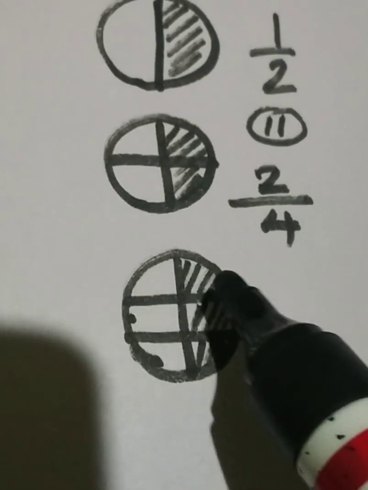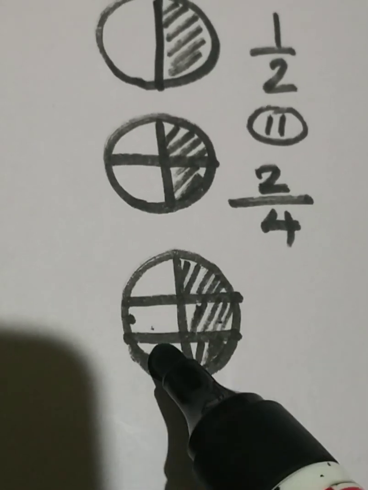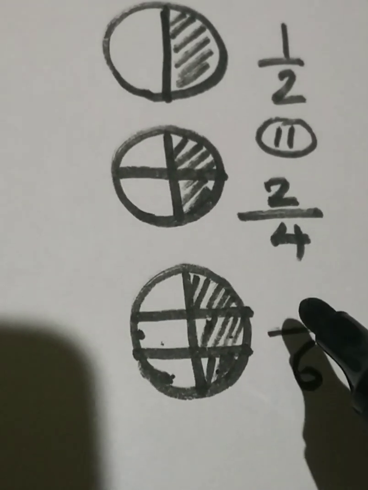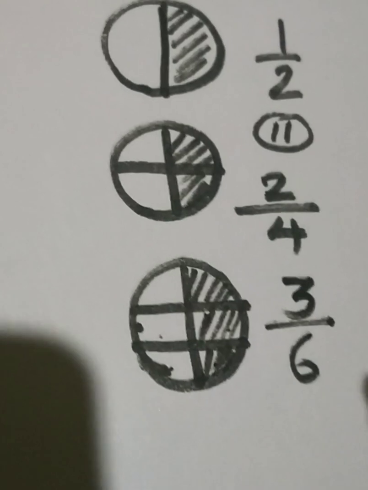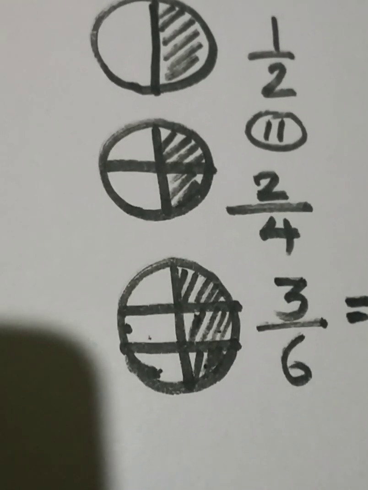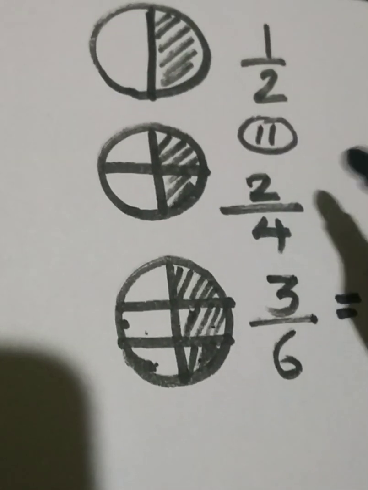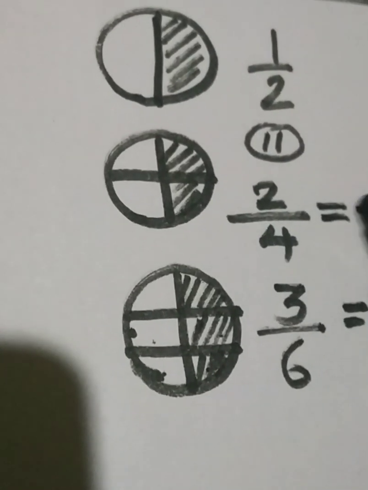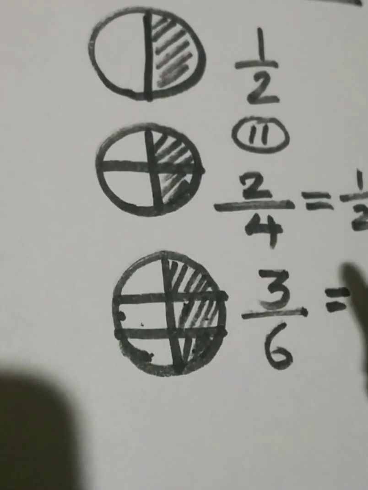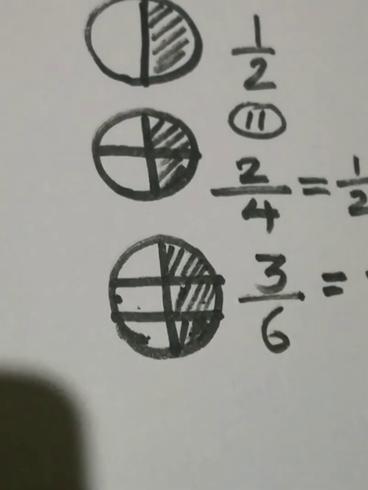Here there are total 1, 2, 3, 4, 5, 6 pieces, and from this I got 3 pieces. So we can say this is equal to half of this cake. So 2 upon 4 is also equal to half. These are all equivalent fractions.